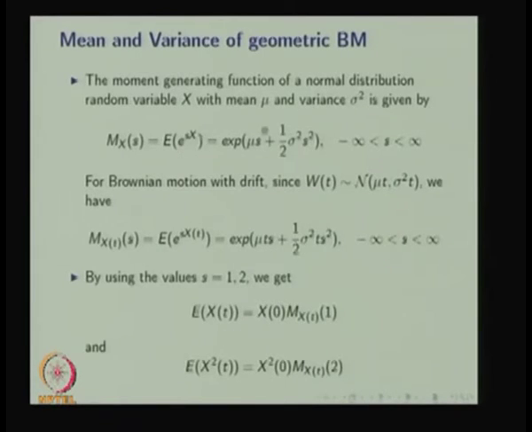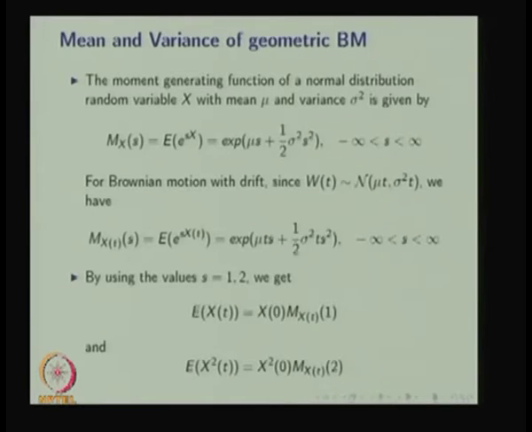Here I am just using the result of the moment generating function of the normal distribution. That is the same as exponential of mu times s plus half of sigma square s square, where s can take values from minus infinity to infinity. Why are we using the moment generating function?